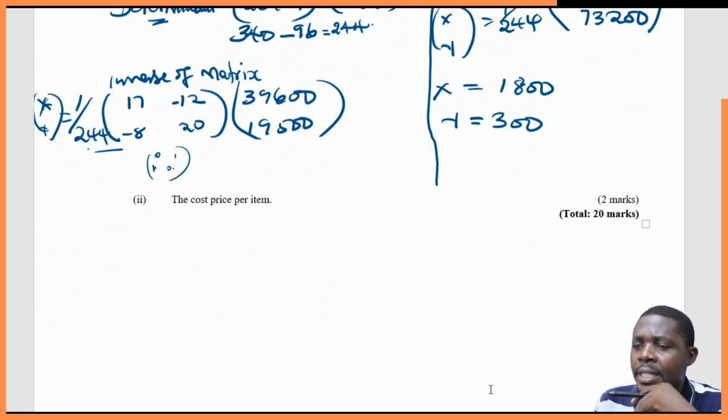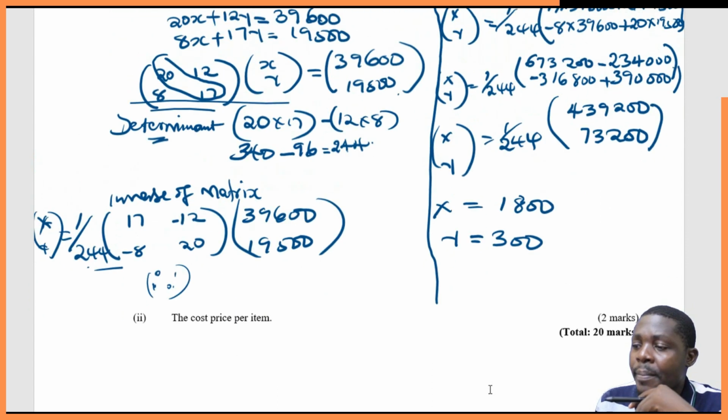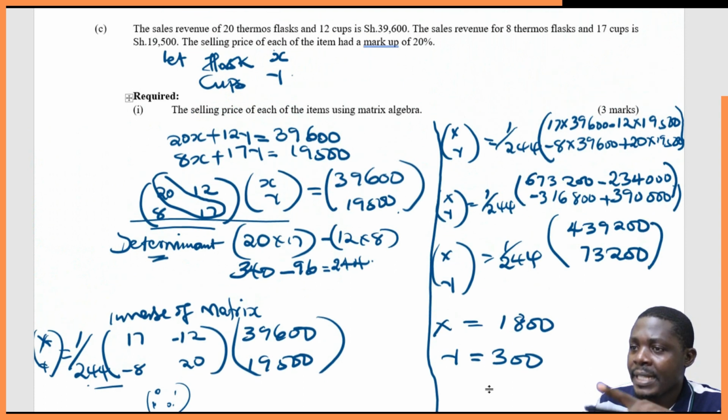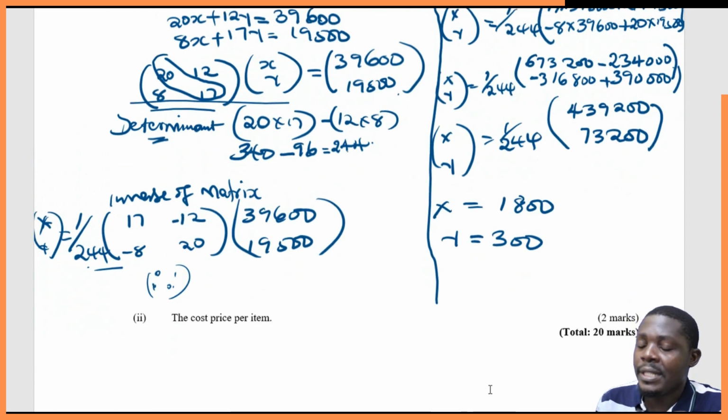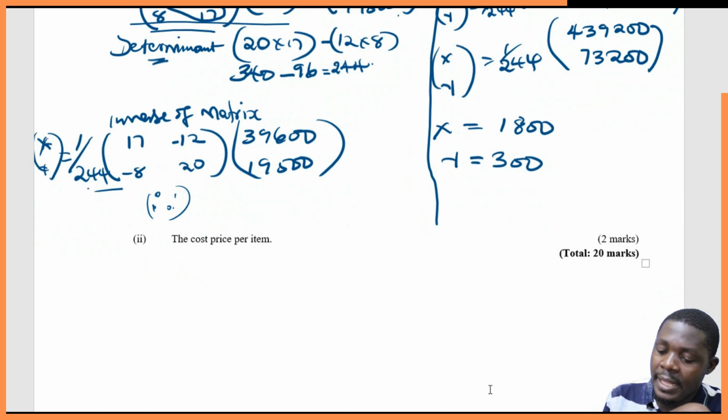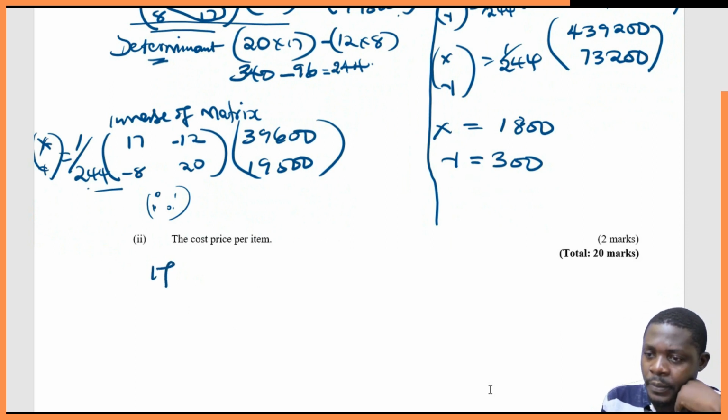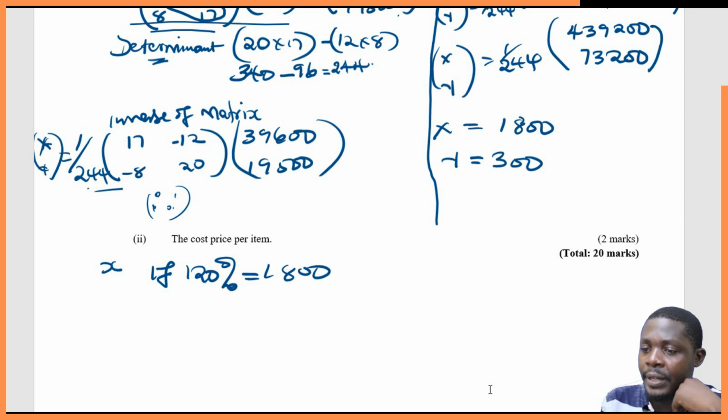Now we are told that the cost price per item, remember these particular prices had a markup of 20%. Therefore, we can just say that if 120% for x, that's the thermos, was 1,800, what about 100%? You want to determine the cost price.